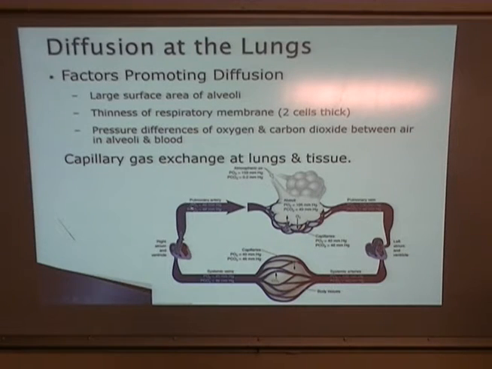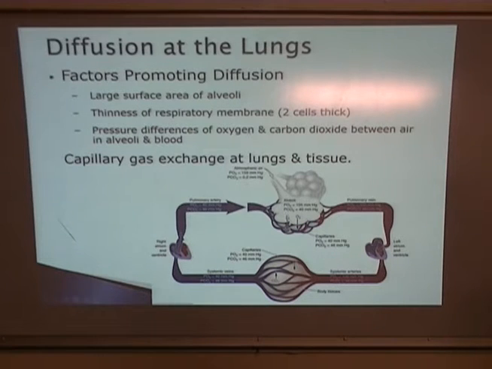So when we look here, we've got a partial pressure of oxygen that is 40 millimeters of mercury coming in, and it's going to interact with the membrane, and the other side is 105. So we've got a very steep pressure gradient here, okay?